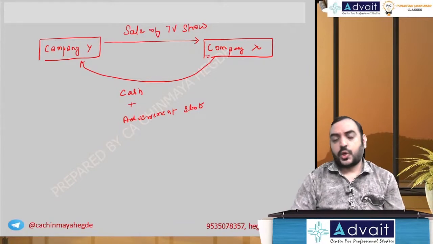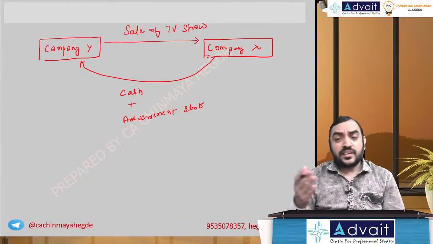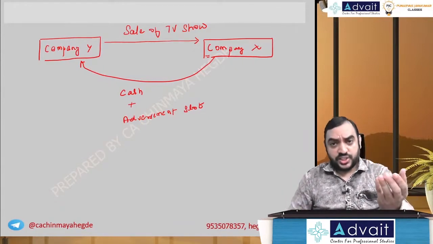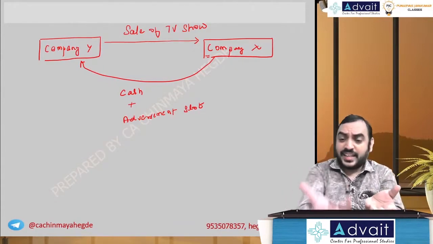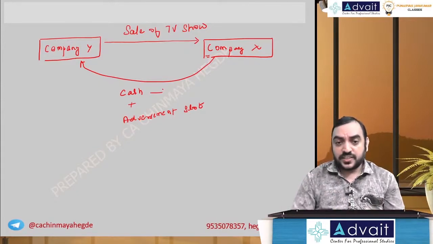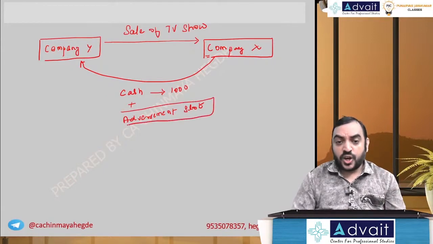Cash and advertisement slot. So this is a case of a barter transaction, you can say, because company Y is selling a show, a product, and they are getting an advertisement slot, a service. So cash is fixed in thousands, and the slot has a fair value. These services should be valued on a fair value basis.